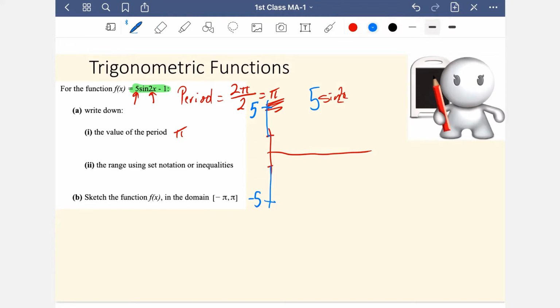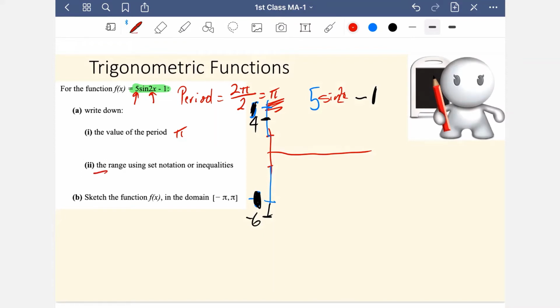Okay, lastly, in black, I have minus 1. So that's that vertical translation. So now I'm going to dip it down by 1. So now it's going to be at 4 and then down to negative 6. Okay, so get rid of the 5 and the negative 5. Okay, so that's what's happening in B. So what's the range?